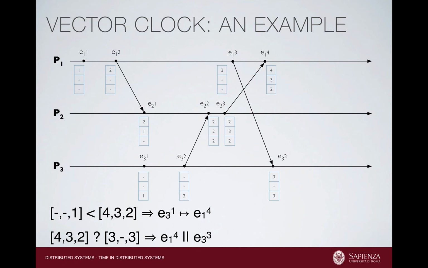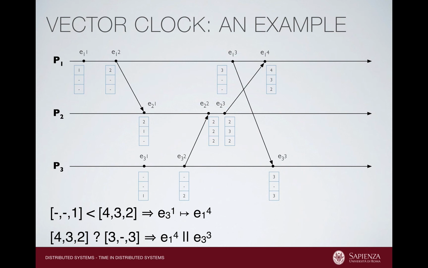We can find the path: event E3,1, first element of the path, then event E3,2. 3 is the process number; I'm reading first the process number. E3,2 is the second event on P3. Then we have event E2,2, the second event on P2. Then event E2,3, the third event on P2. Then event E1,4, the fourth event on P1.